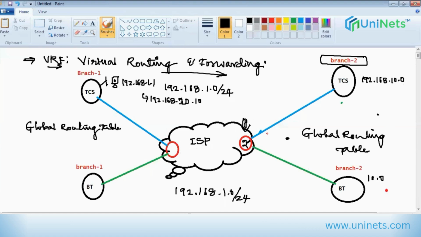Now, being an ISP router, I am receiving information from both offices, TCS and BT. As they are at equal cost from me, whatever traffic I am receiving from this particular TCS PC, as I am storing this information in my global routing table, I will just load balance.